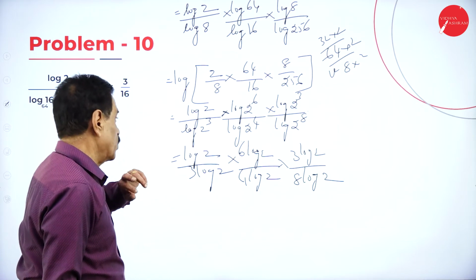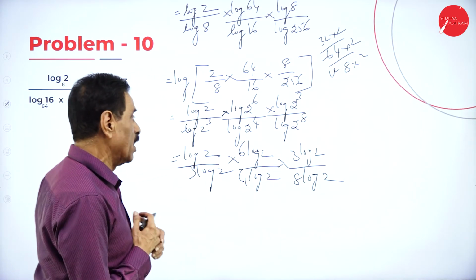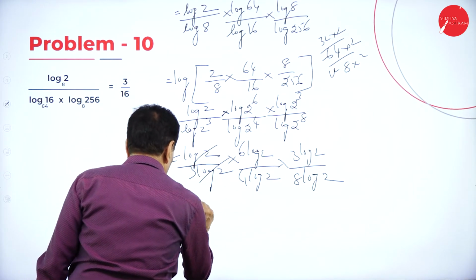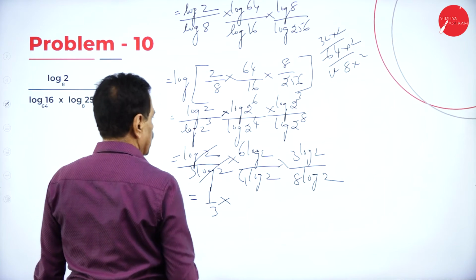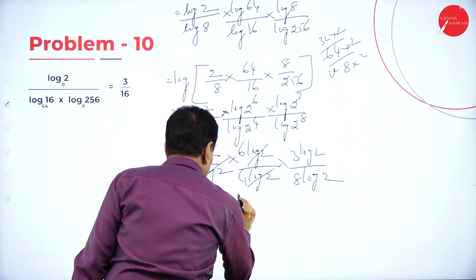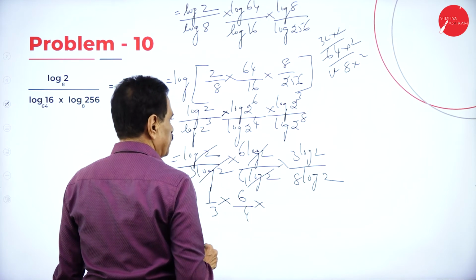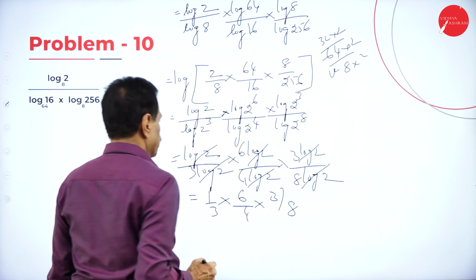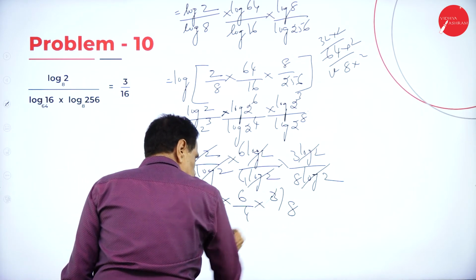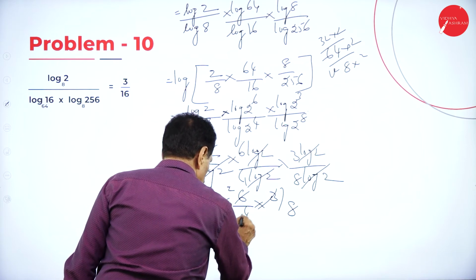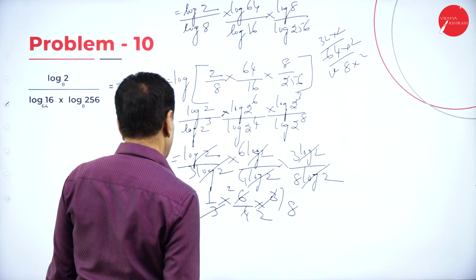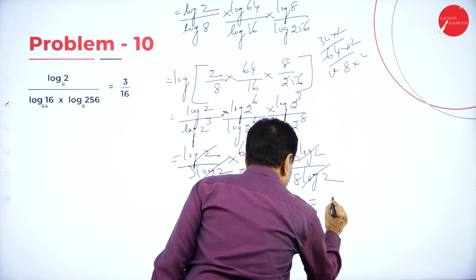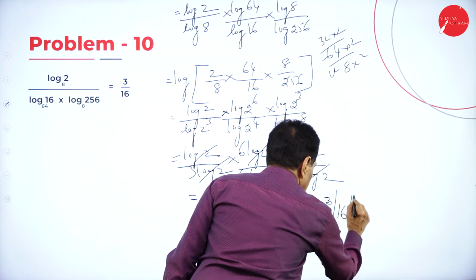That gives 1 by 3, 6 by 4, 3 by 8. The 3s cancel out. 2 3s are 6, 2 2s are 4. This is 3 by 16. Proved.